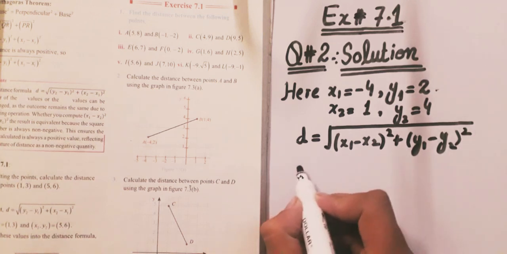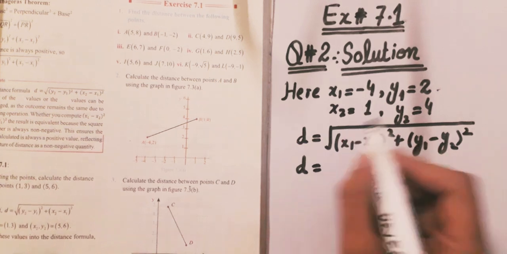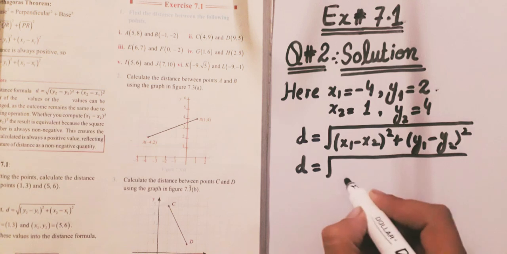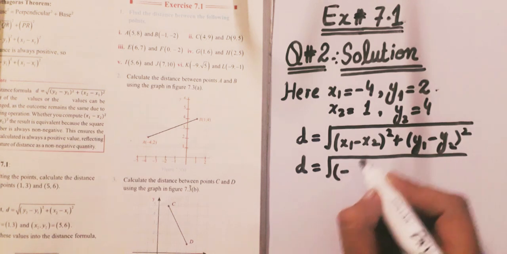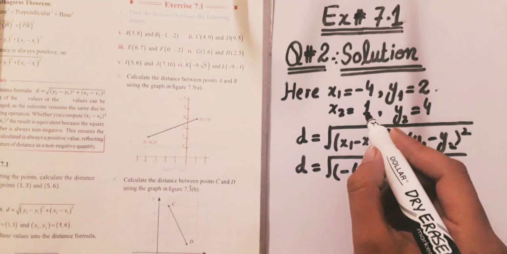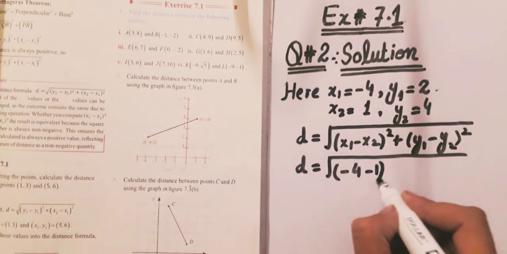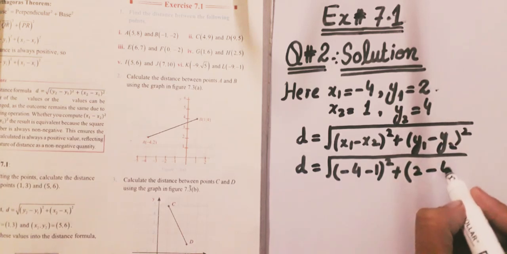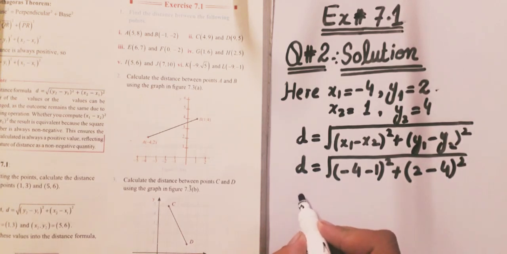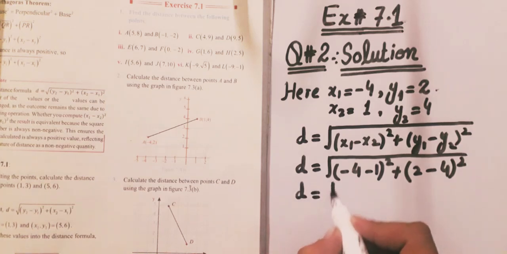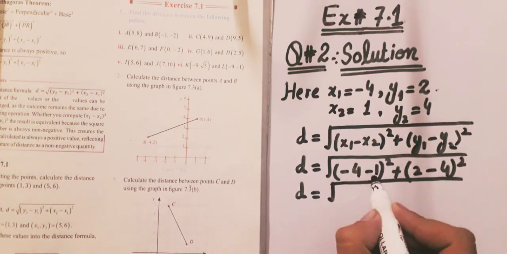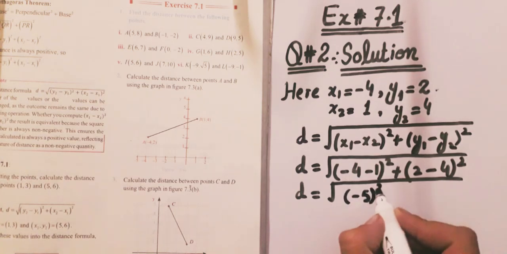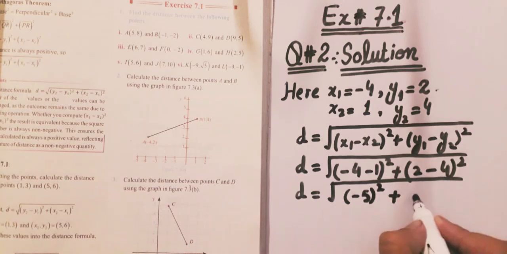Now, we will put the value of x1, x2, y1 and y2 in this formula. So, x1 is -4 and x2 is 1. So, -4 minus 1 whole square plus y1 is 2 and y2 is 4. So, 2 minus 4 square. So, -4 minus 1 will become -5, and -5 whole square plus 2 minus 4 is -2.